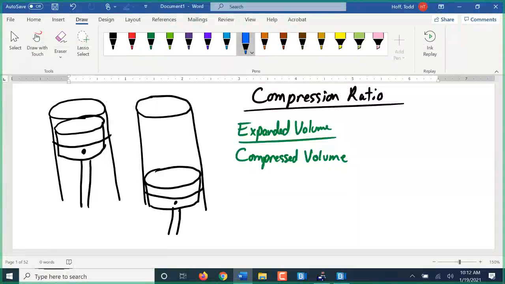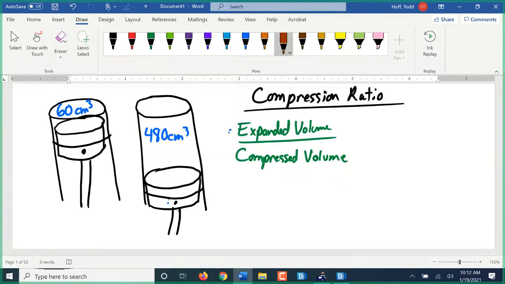The piston is at the top of its stroke, the smallest possible volume of air above the piston. Let's say that this is 60 cubic centimeters. Expanded volume is when the piston's at bottom dead center. The most volume, most air possible above the top of the piston within the cylinder. Let's say that is 480 cubic centimeters.